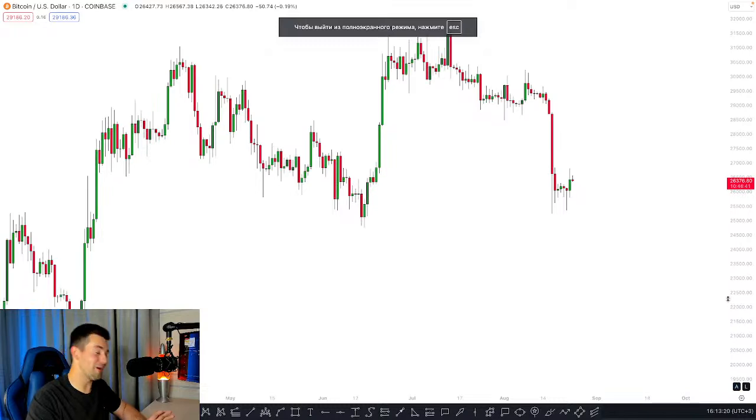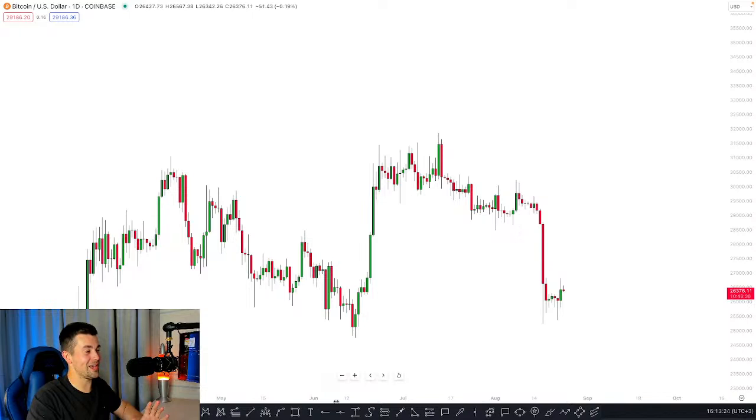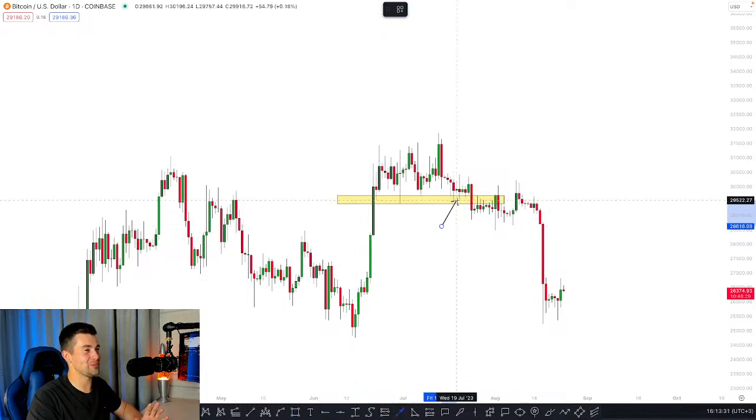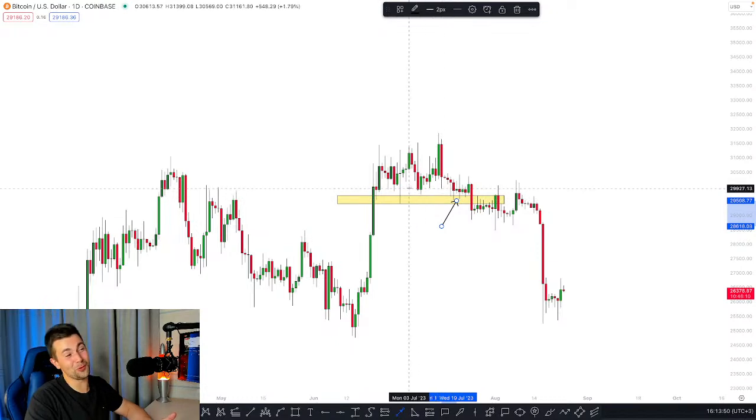By the way, here is the joke. When the market was standing here, testing that support, I decided to buy. I have this investing strategy to occasionally buy Bitcoin. I just buy and hold, it's like a long-term investment. And I decided to buy Bitcoin from the support of the range.